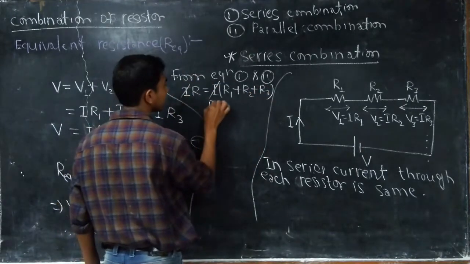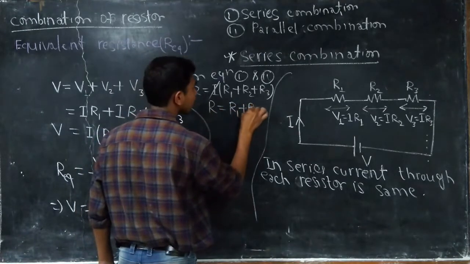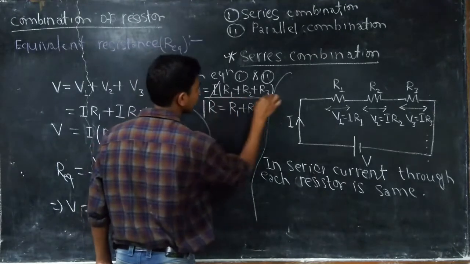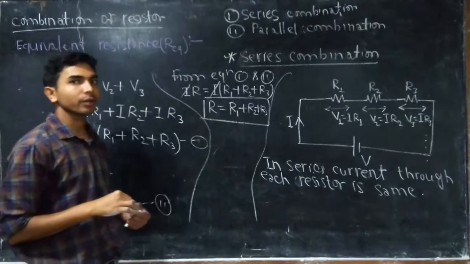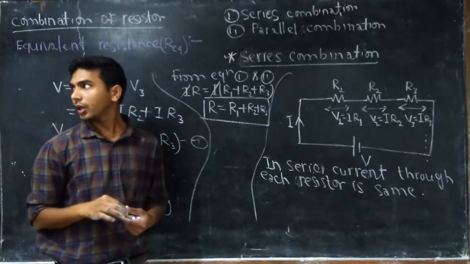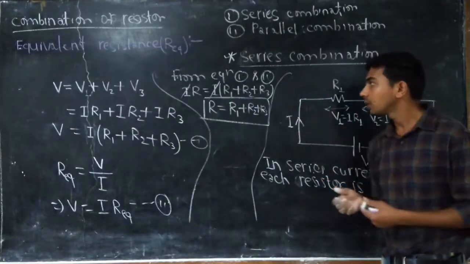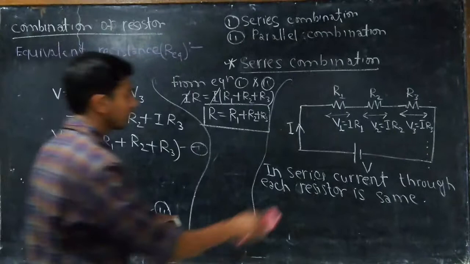This I cancels, so R equivalent is equal to R1 plus R2 plus R3. This is the formula for series combination of resistors to find R equivalent. So note it down.